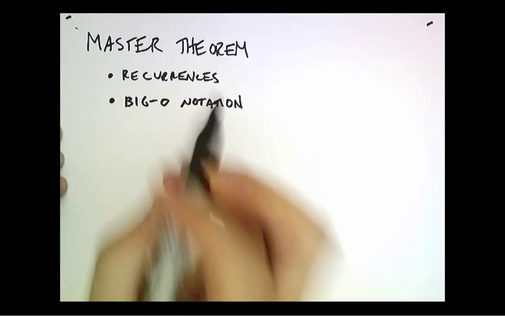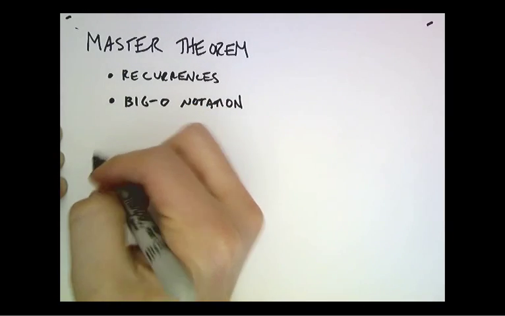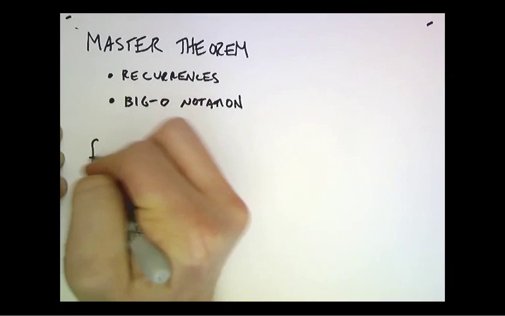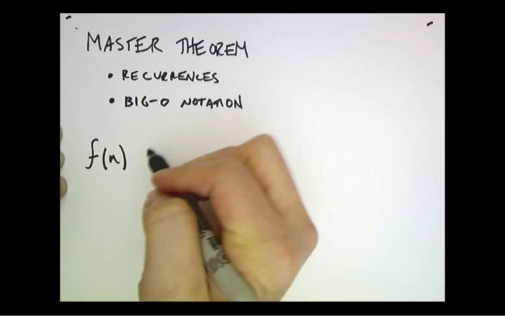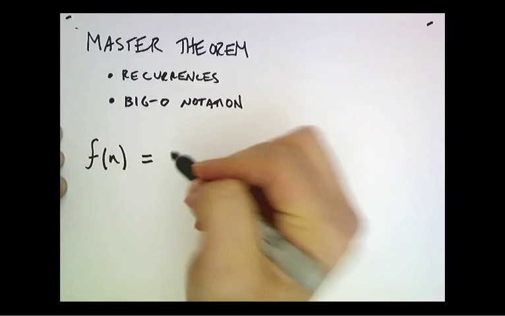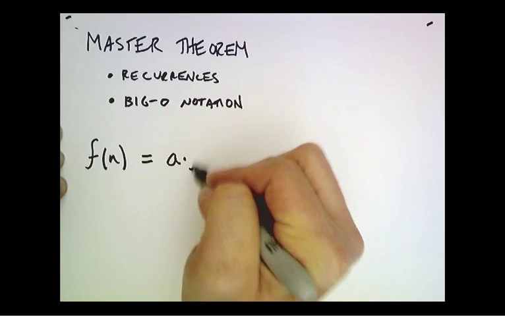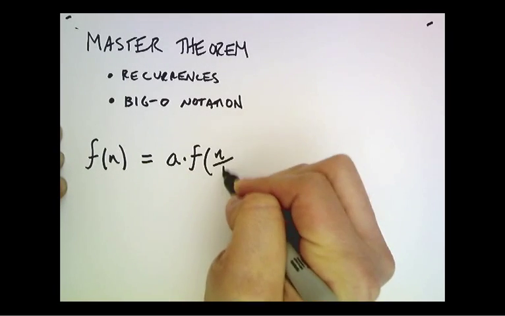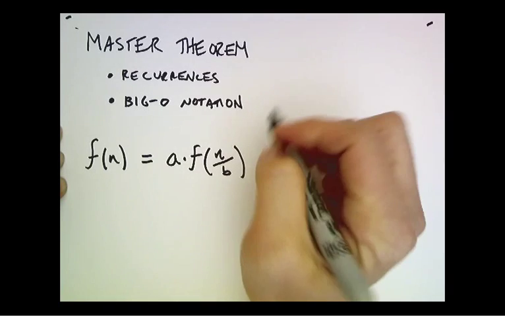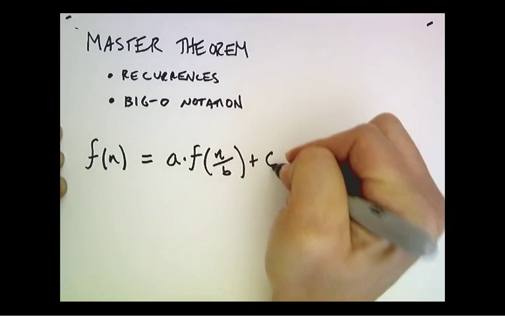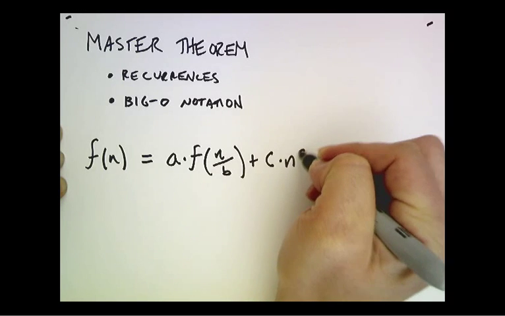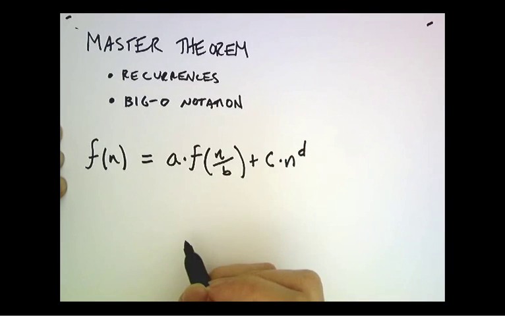So, for example, here's the statement of the theorem. Let's assume that you have a function f of n and it equals a times f of n over b plus c times n to the d. Okay, and these a, b, c, and d numbers you want to think of as constants.